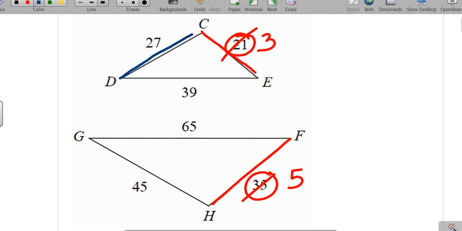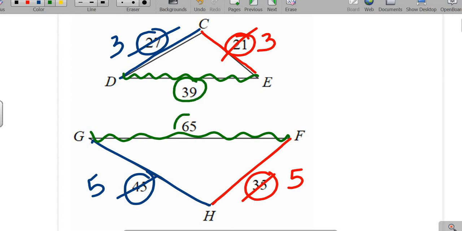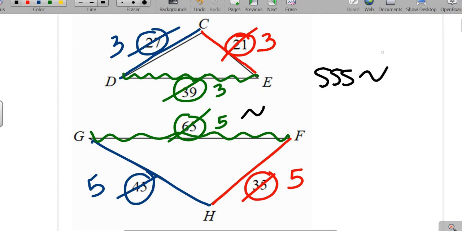Let's go medium side, medium side. 9 goes in there 3 times. 9 goes in there 5 times. Long side, long side. 13 goes in there 3 times. 13 goes in there 5 times. Notice the side ratios are equal. The ratios are equal, which means the triangles are similar. That's called side similarity. You have to add that little squiggle to it.